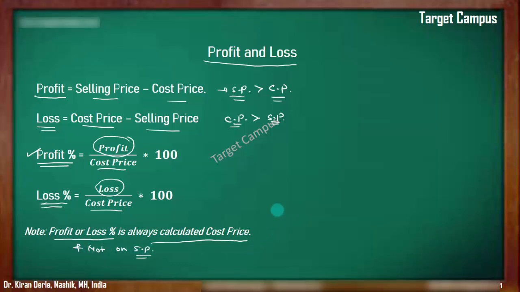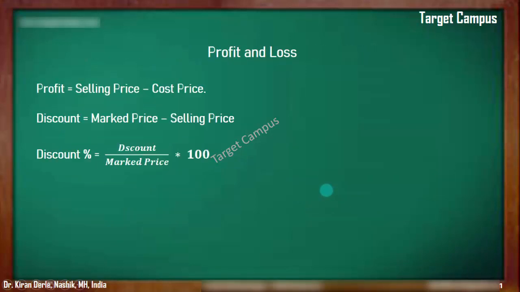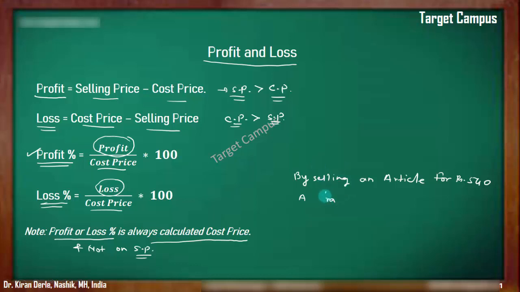So what does this mean? Say, for example, someone says that by selling an article for rupees 540, a trader gains 20%.